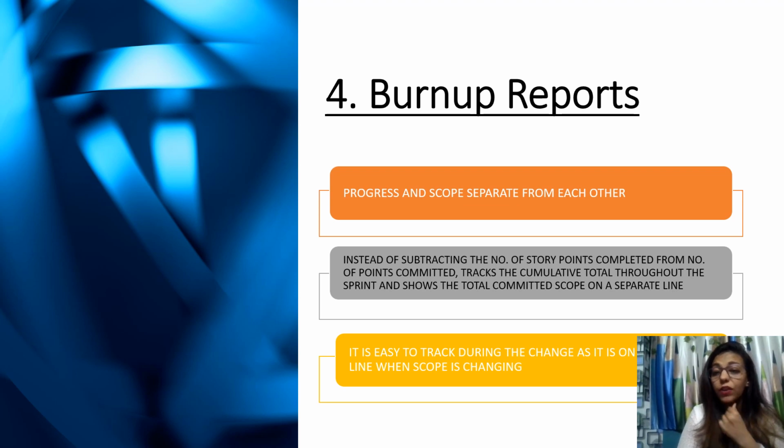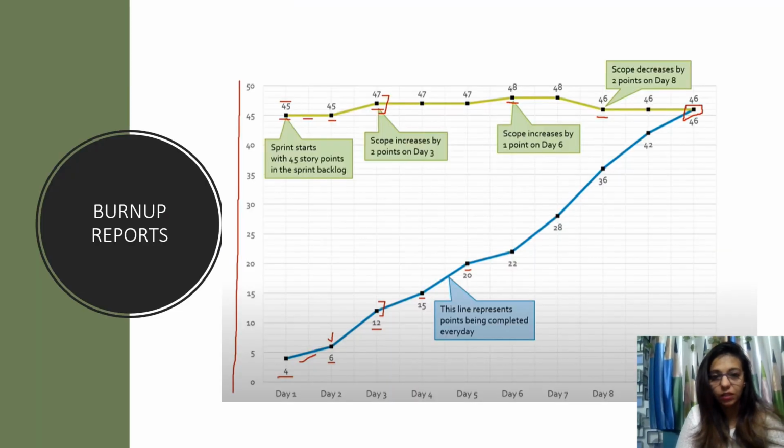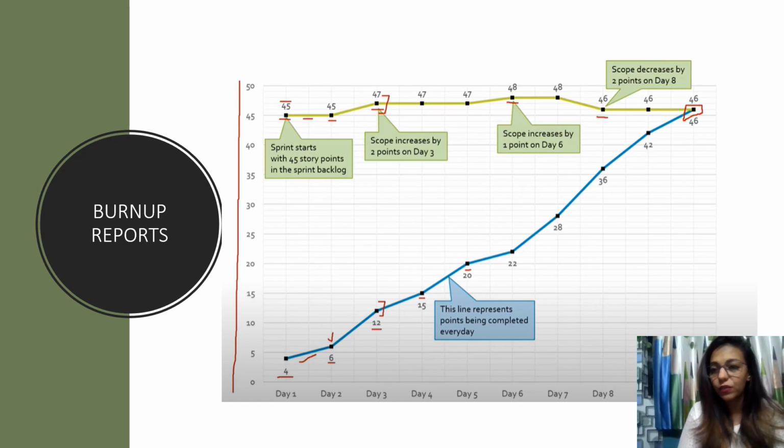Now here we have burn up reports, but usually everywhere, as their scope is not changing in the middle of the sprints, we usually have burn up reports. So these help us to know the progress and the scope separately. Directly I'll move to the graph, that will be easier. Now in burn down, we had the graph which was moving down as it was showing us only the remaining points which were left.